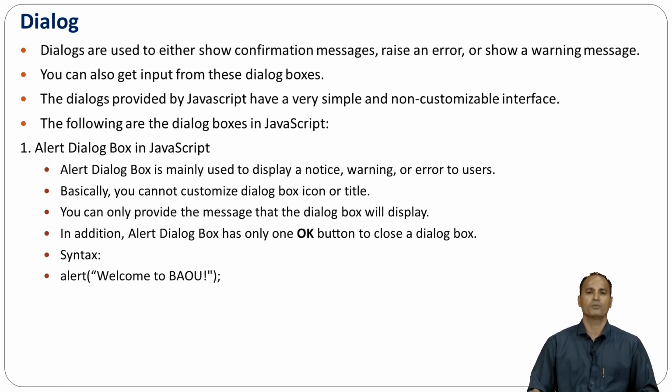You can only provide a message that the dialog box will display. In addition, the alert dialog box has only one OK button to close it. The syntax is the alert function, and in brackets we provide the message that we want to display to the users. So this is an alert dialog.